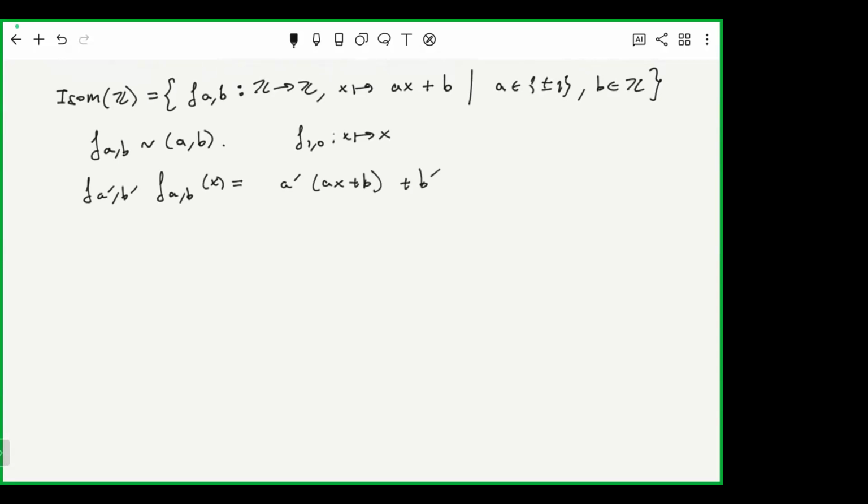So if we multiply everything, we get the following rule. The product of two elements can be summarized like that. I multiply the orientations, so to speak, and the translation part is a prime b plus b prime.